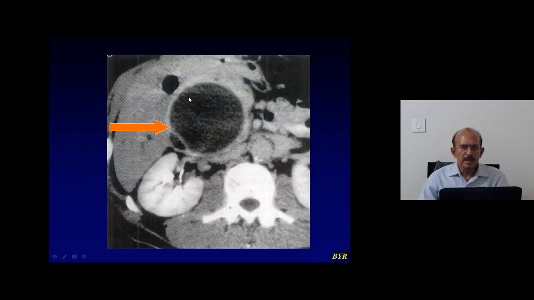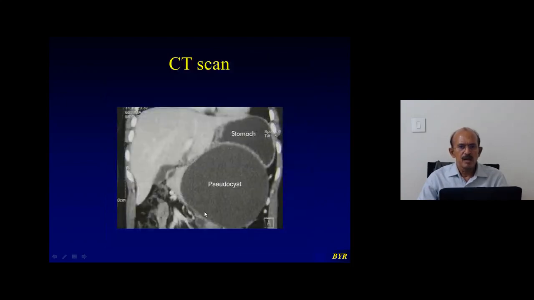This is a pseudopancreatic cyst. All this granular material is the debris, necrotic debris. This white rim is the wall of the cyst. You can see again here is the pseudopancreatic cyst, and this is the liver, this is the stomach. Actually this is a coronal CT scan, not an axial CT scan.